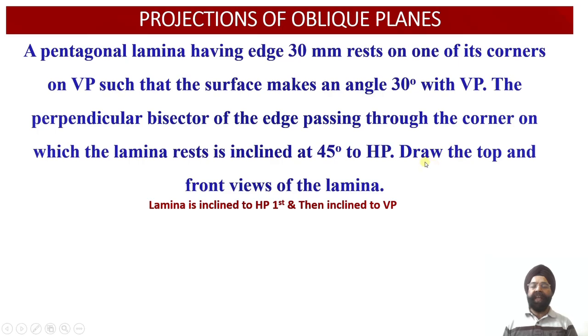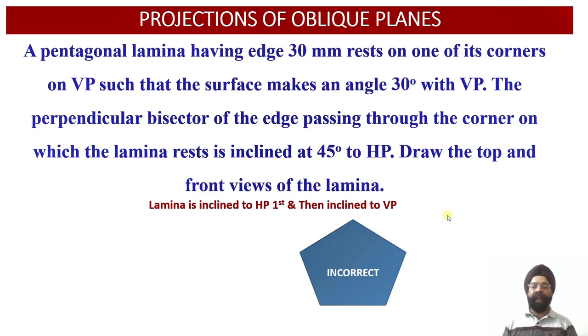So we are required to evaluate the front view and top view orthographic projections of this oblique lamina. Let us evaluate the orientation of the lamina which will be obtained onto the vertical plane as a true shape to begin with.